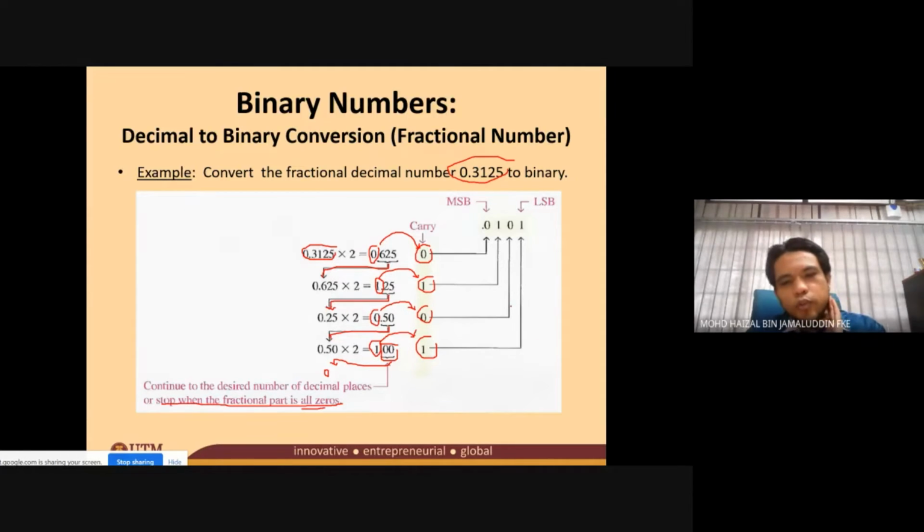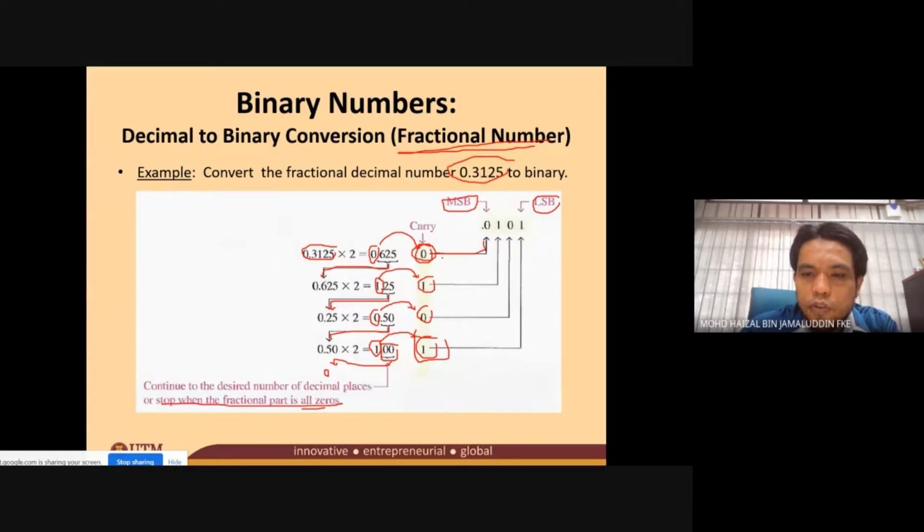So then how you want to read it? Okay, for the fractional number, the MSB part is the first carry value that you calculated. So here 0.0 is your MSB, while the last calculated carry value is the less significant bit.